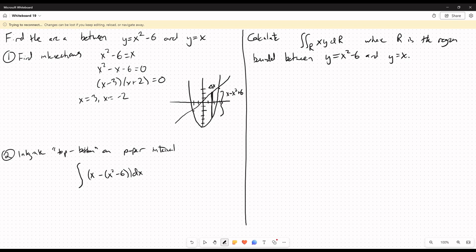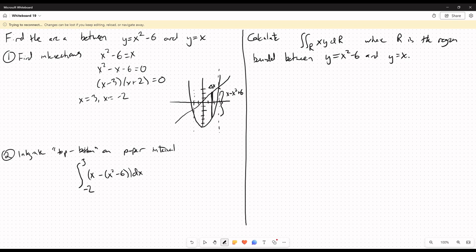And what's x going to? Well, that's going to help us later. I'm going to think of smushing this whole region onto the x-axis. And what's left? Well, I'll be integrating from here to here. So I'm going to be integrating from negative 2 to 3. And when I do that, that's going to give me the integral that I want.